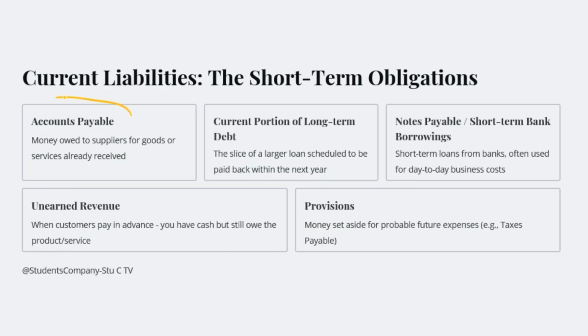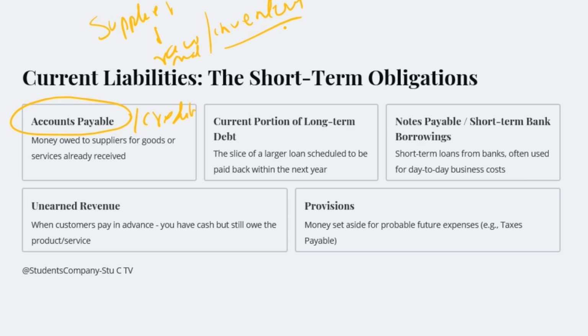Just like we had accounts receivable, we have accounts payable or creditors for the business. So a business always has somebody called a supplier who will give raw material or inventory to the business for starting the business. So when you start a business, suppose you get inventory worth 1 lakh rupees.